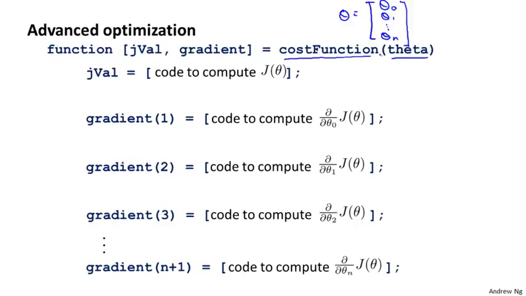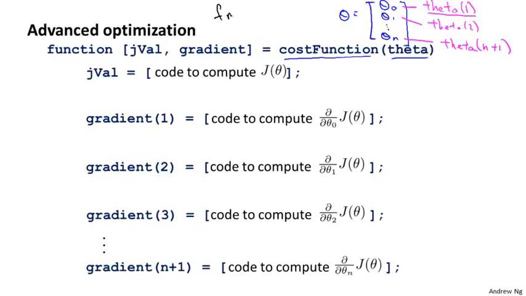But because Octave indexes vectors starting from 1, theta 0 is written in Octave as theta 1, theta 1 as theta 2, and so on down to theta n plus 1. And what we needed to do was provide a function called cost function that we would then pass into what we saw earlier.